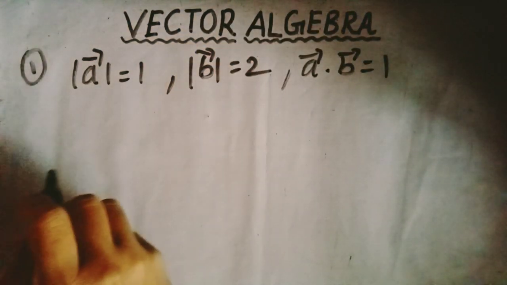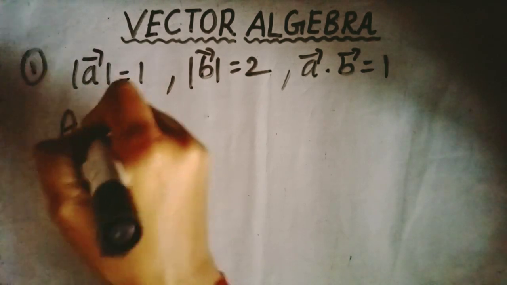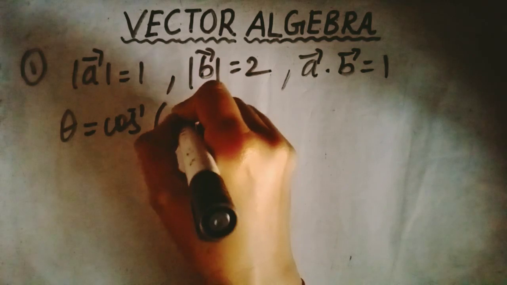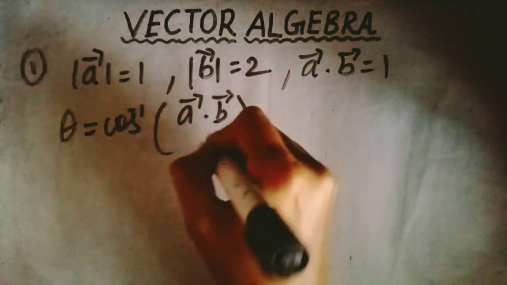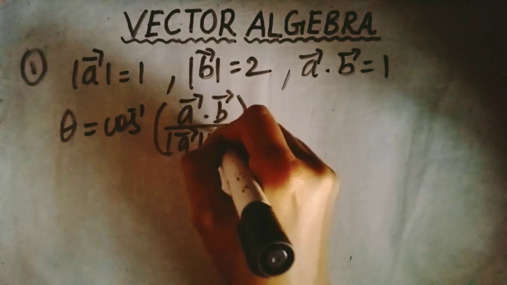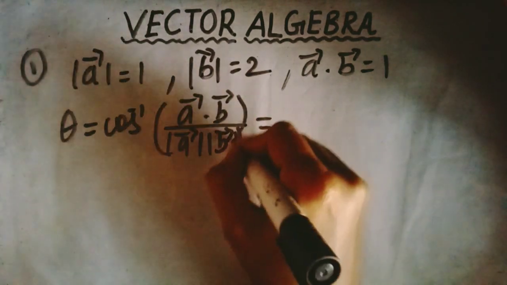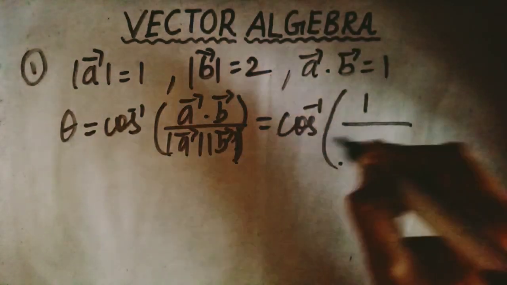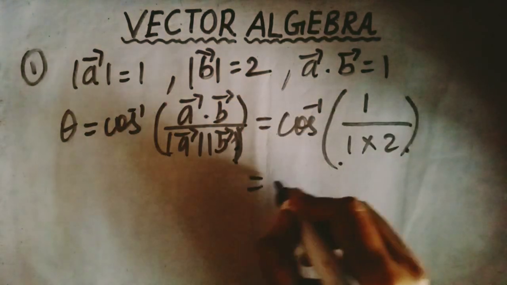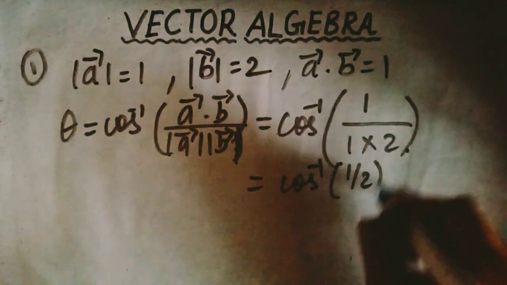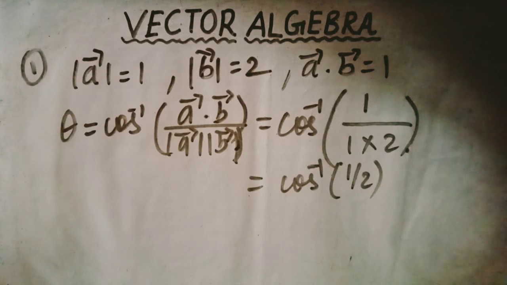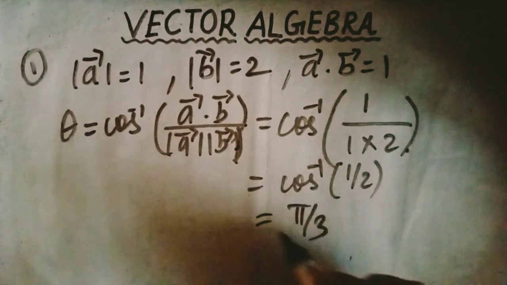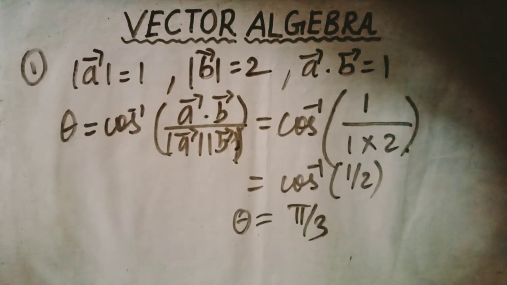Now your theta is cos inverse of A dot B upon magnitude of A into magnitude of B. So substituting the values, cos inverse of 1 upon 2, so cos inverse of half. Cos of which angle is half? It is 60, right? So it will be pi by 3. So your theta is pi by 3.